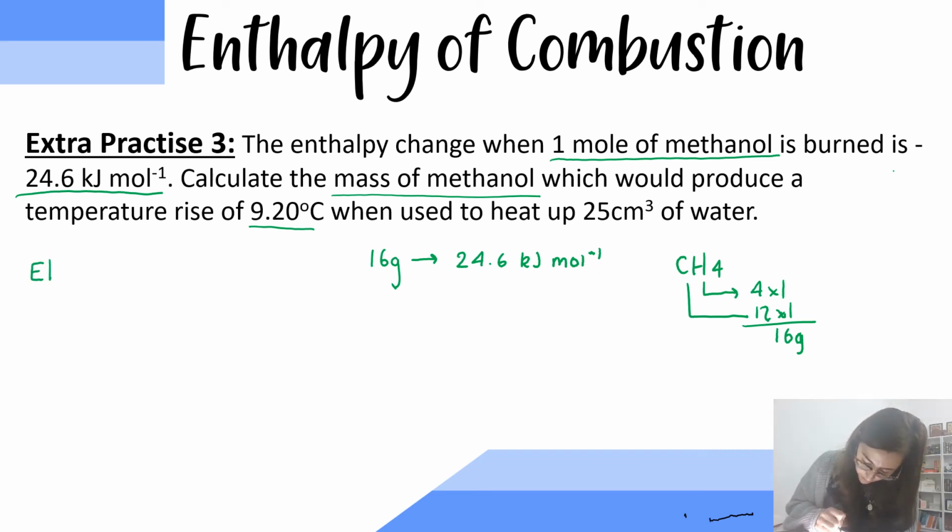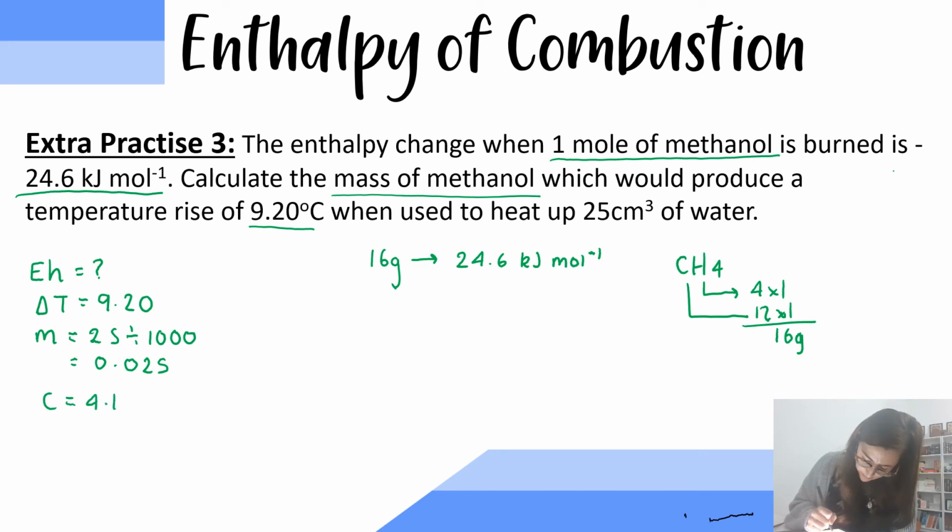So I'm working out EH. My delta T is 9.20. My mass of water is 25. I'm dividing that by 1,000 to get it into kilograms, so 0.025. And my C is 4.18 because we're heating up water, and that is the heat capacity of water.